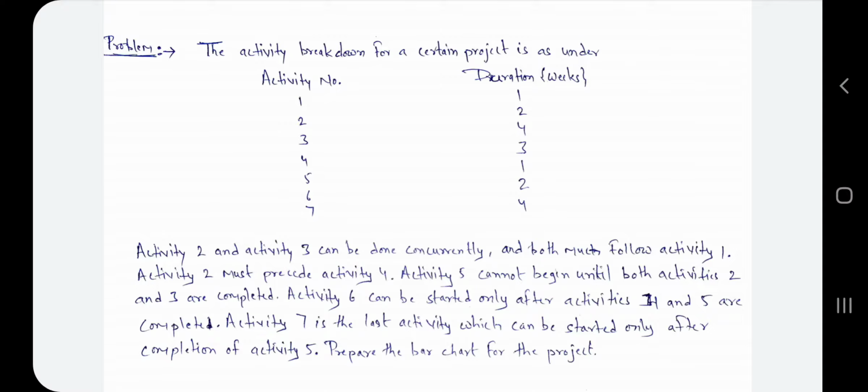Activity 2 and activity 3 are for 2 and 4 weeks, and both start in parallel and follow activity 1. Follow activity 1 means when activity 1 ends, activities 2 and 3 start concurrently.